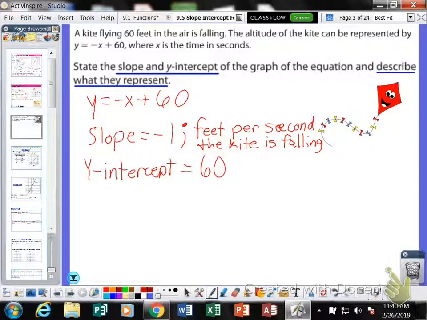And then my y-intercept of 60 represents how high in feet the kite is flying.